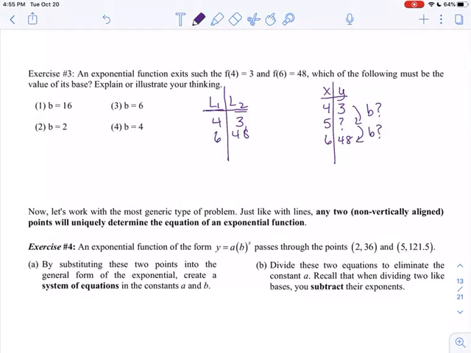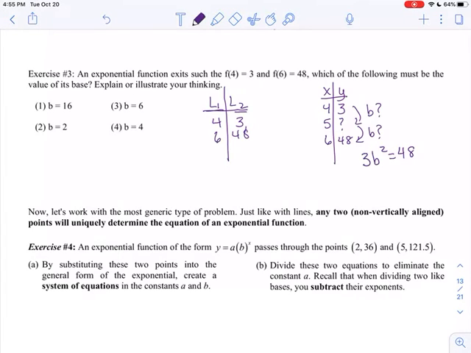So if I'm trying to figure out my multiplier, my b right here, I don't know what y is when x is 5, and I do know when it's 6, it's 48, so basically I am doing b times b to get the multiplier.